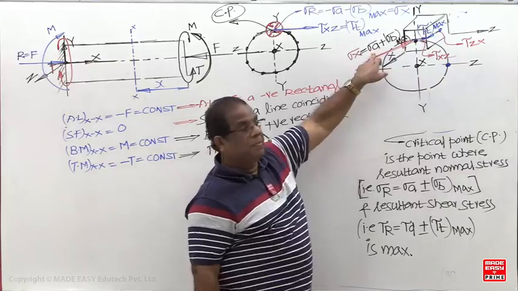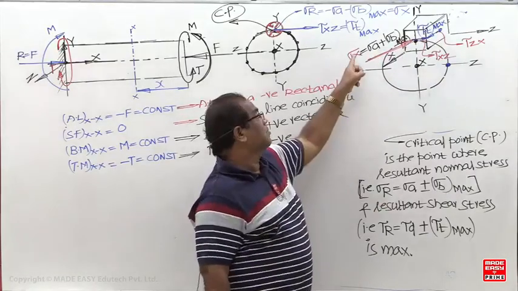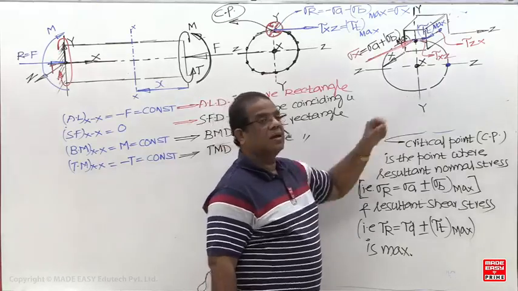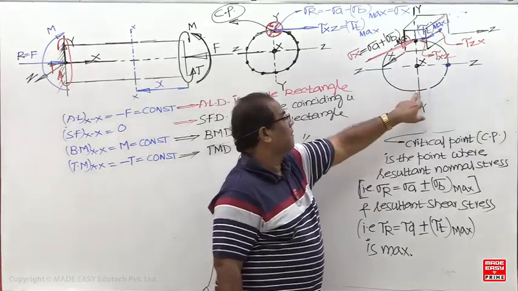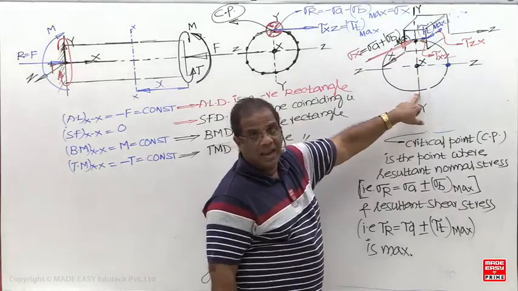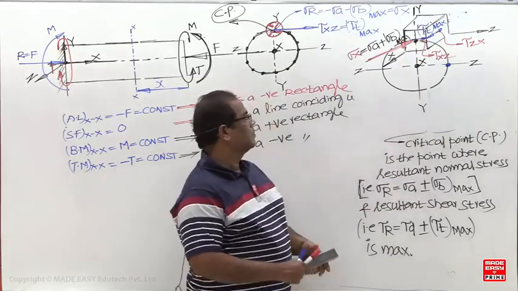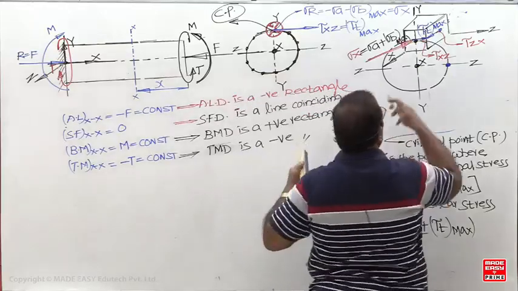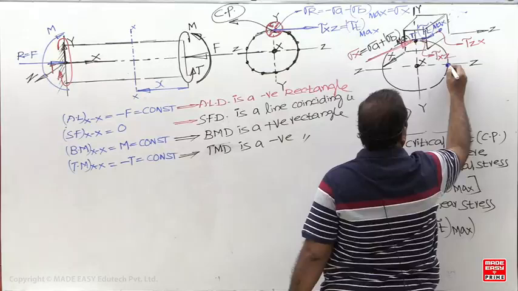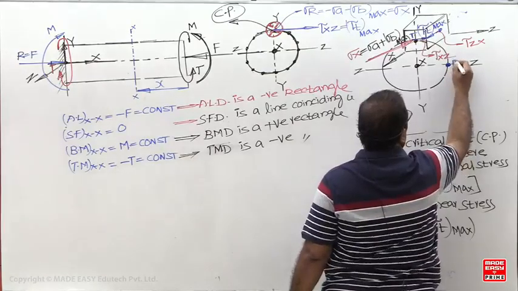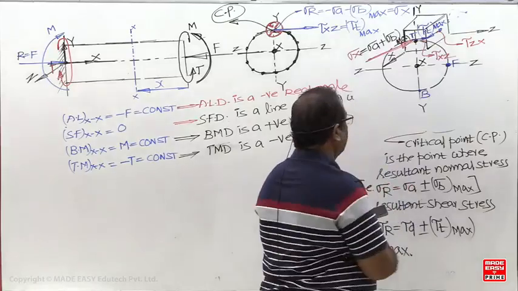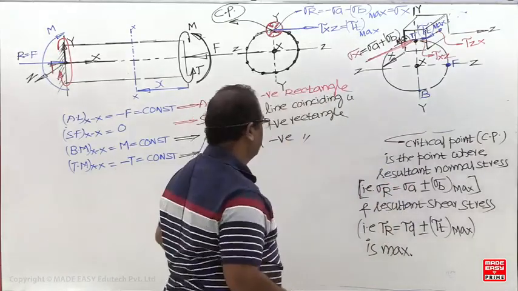But if you consider here, axial stress is compressive, but bending stress is tensile. So what is the sigma x value now? Minus sigma A plus sigma B max. That's why you need all the variations now.